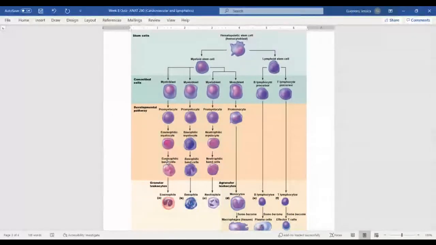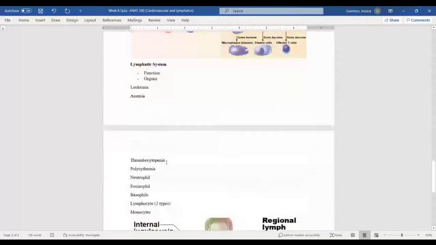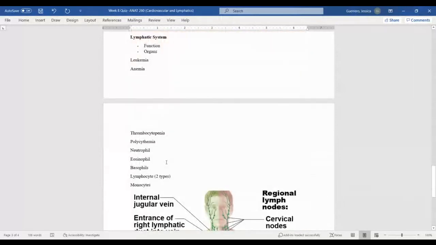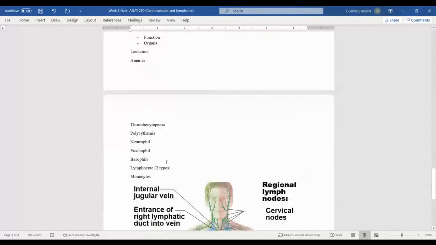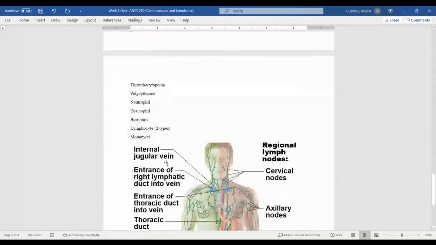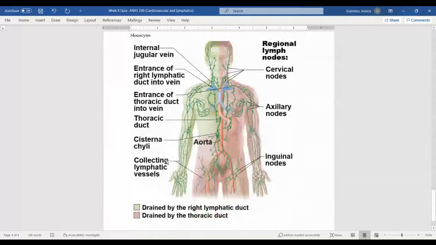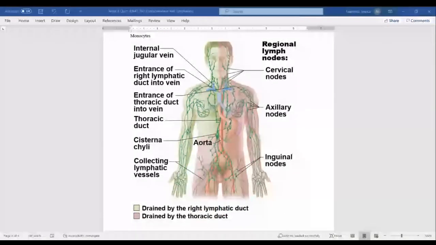The reason I say that is because I'm trying to build your base so that as you move on to other classes, you're more familiar with how to study and you can become more independent, because instructors are not required at the collegiate level to provide any type of formal review. So my goal is that you slowly get the idea of how to study. All right, that is the review for the chapter 8 quiz in anatomy.